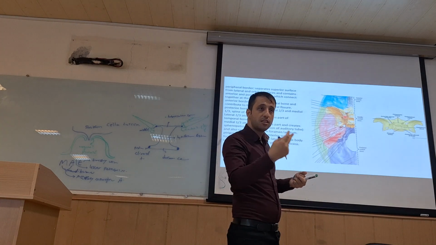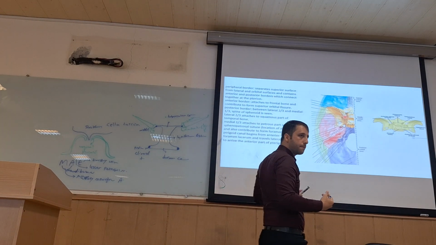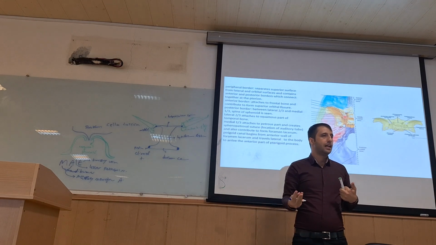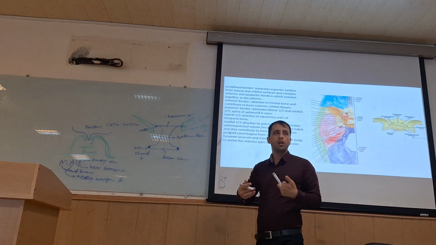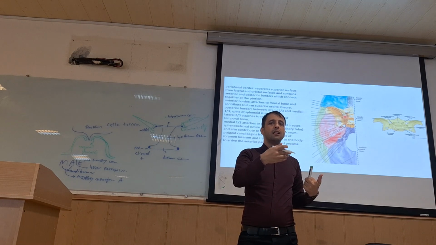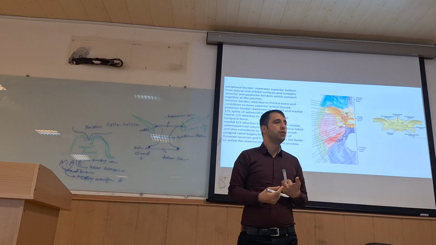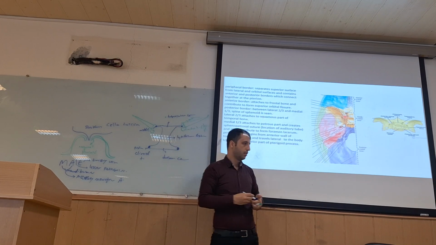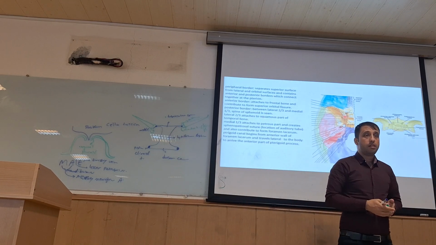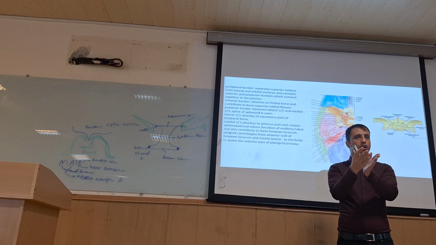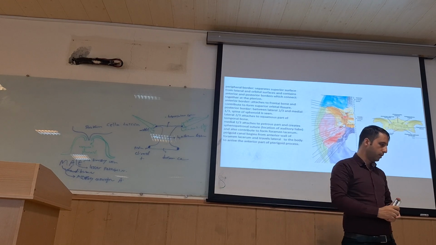Which structures pass through foramen spinosum? The middle meningeal artery and the nervus spinosus. The nervus spinosus is a meningeal branch of the mandibular nerve.